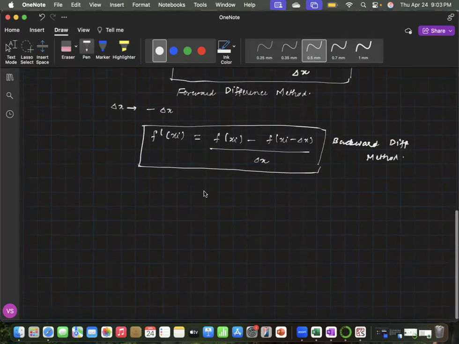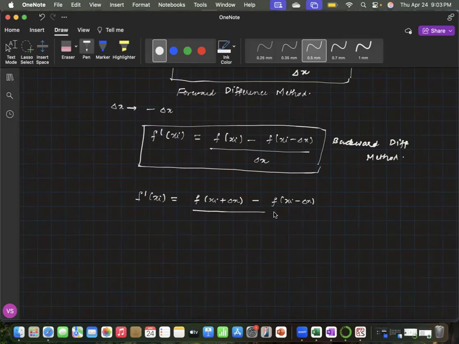But if you subtract the two and then evaluate the derivative, you will get that f'(x_i) in this case would be f(x_i plus delta x) minus f(x_i minus delta x) over 2 delta x, right?